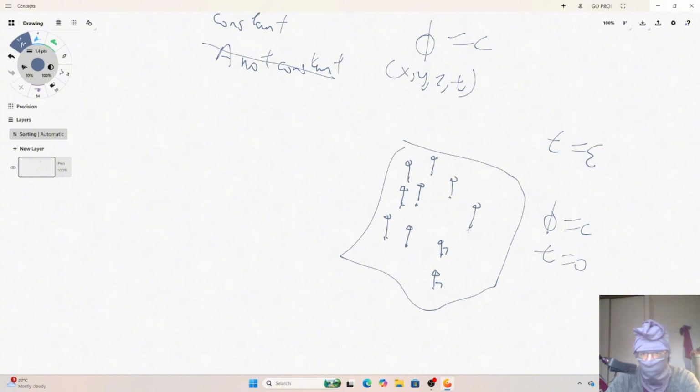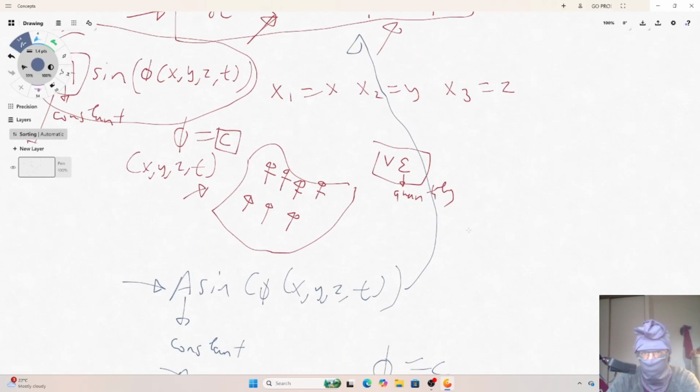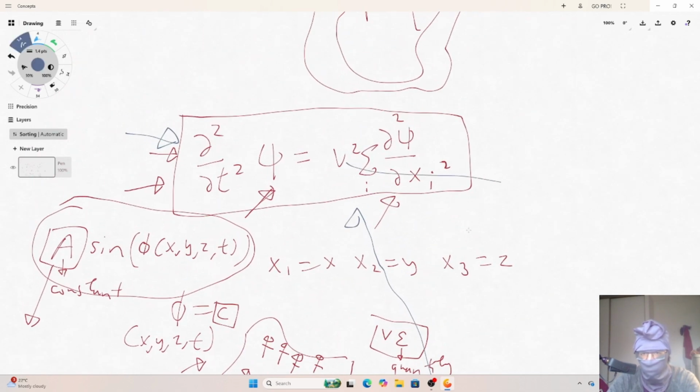And along that normal, you would add a distance of v epsilon. The v could be a variable function of space or even time, but let's say it's not dependent on time.